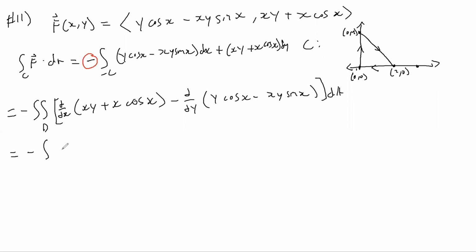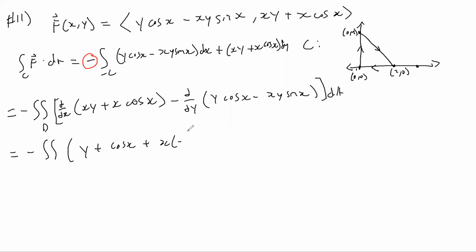So that's going to be the negative double integral of y plus cosine x plus x times negative sine of x. Negative sine x.